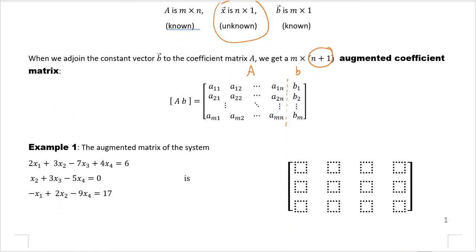Okay, so let's look at example 1. What is the augmented coefficient matrix of the system? Let's look at the first equation.